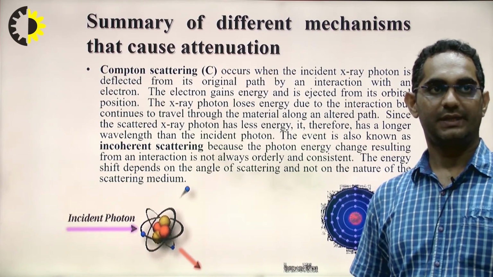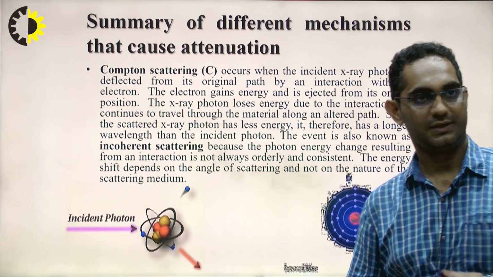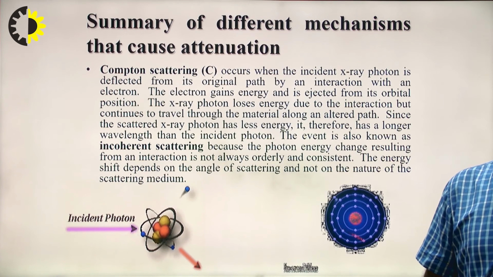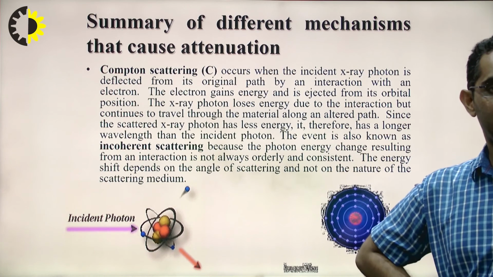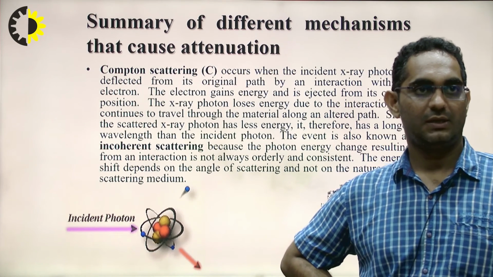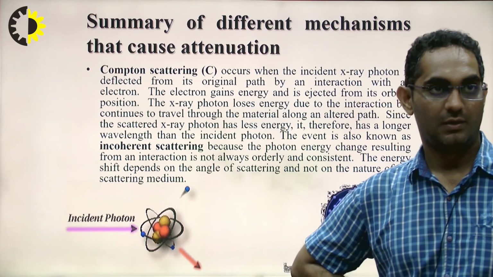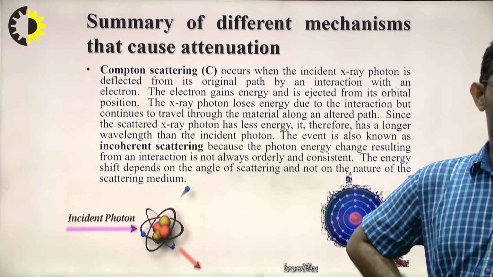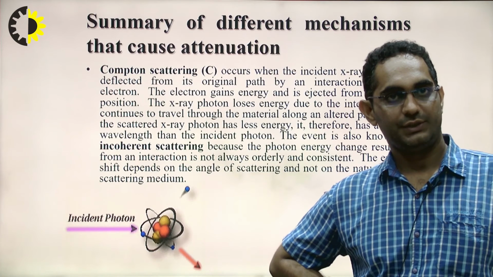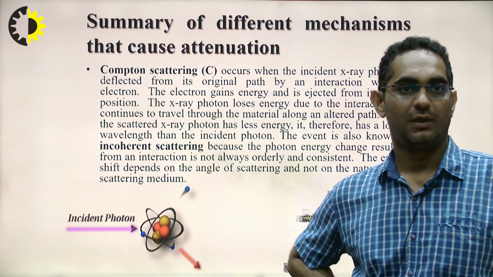Next is Compton scattering. Here is the incident photon. Compton scattering occurs when the incident X-ray photon is deflected from its original path by an interaction with an electron. The electron gains energy and is ejected from its orbital position. The X-ray photon loses energy due to the interaction, but continues to travel through the material along an altered path.